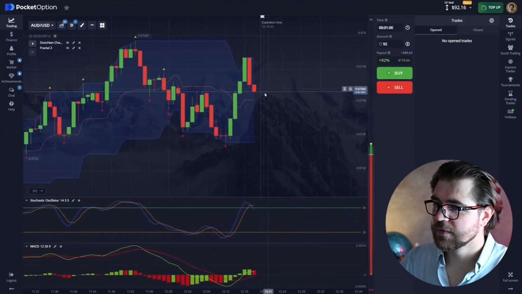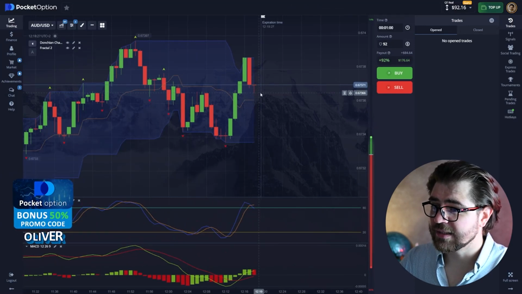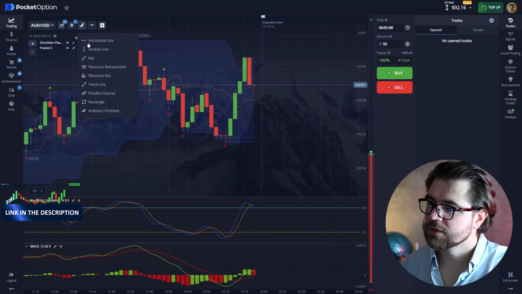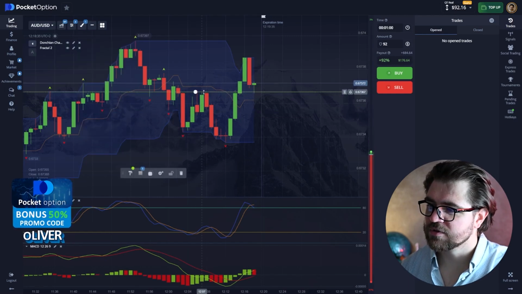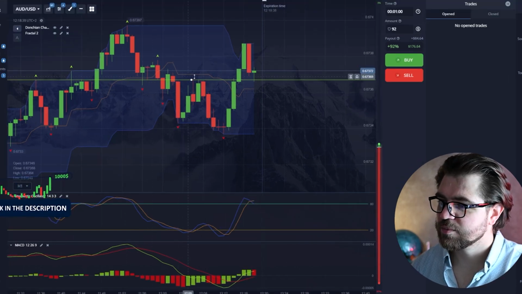Okay, I see the movement is actually going down, but there is a support level, so why don't we start making some levels? And let's see, there is a pretty strong level.